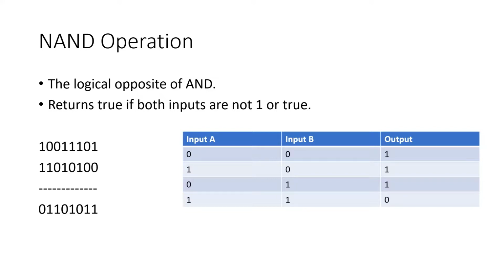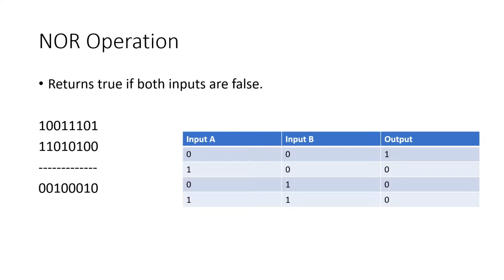It's a little confusing at first glance. The NOR operation is, well, not OR. Now, if any of the inputs are true, then the output is false. Likewise, if both of the inputs are false, the output is true.